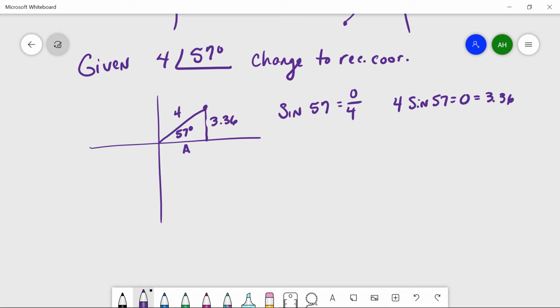All right, as far as that adjacent side, I can take my cosine of 57. Okay, so this is going to be the adjacent side over 4. Again, move things around as we need to, and we're able to find that this adjacent side is going to equal 2.16.